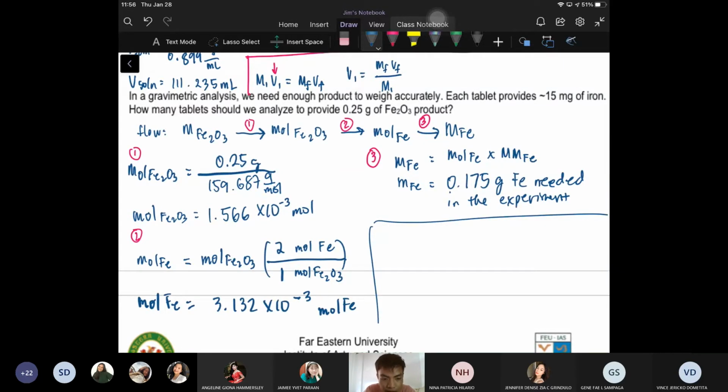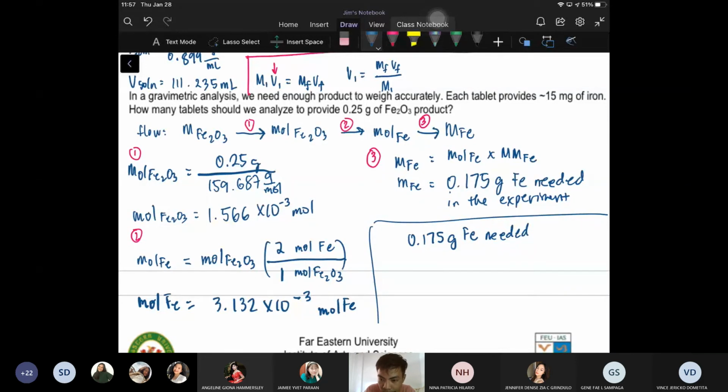So paano natin isosolve yung number of tablets na kailangan? Okay, ano yung given sa atin? Ito, 0.175 grams of iron needed, no? Okay? Tapos, each tablet gives us 15 milligrams of iron. Convert natin yan into grams. Okay?